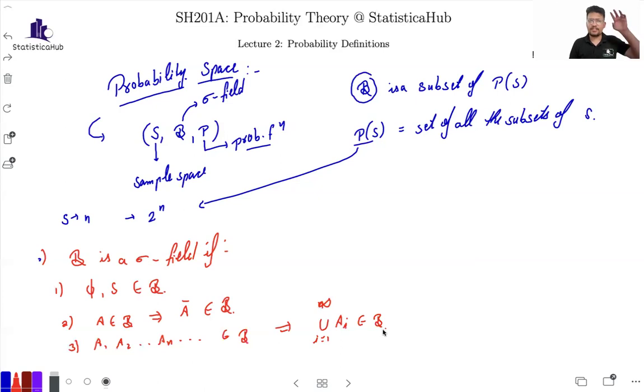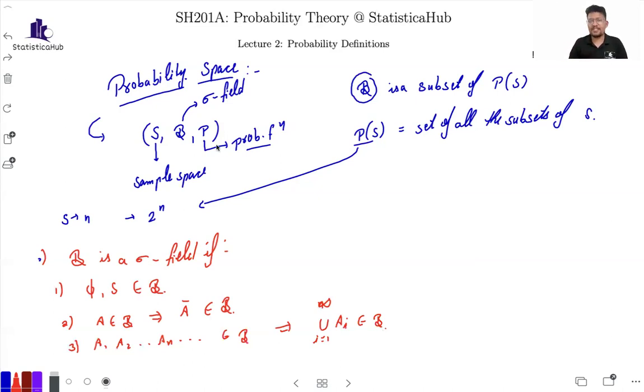So we have the sample space S. You make different subsets of the sample space. If you combine them, that comes out to be the power set. Then we define some B, that is the sigma field. And once we define B, we move to the concept of P, the probability function.